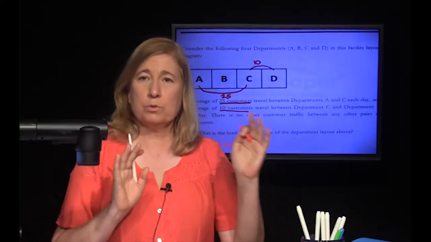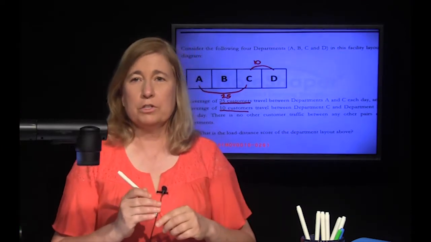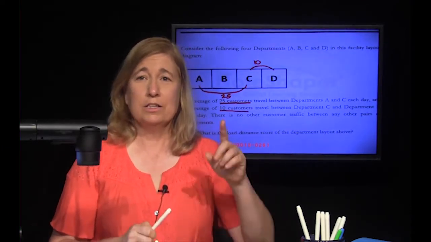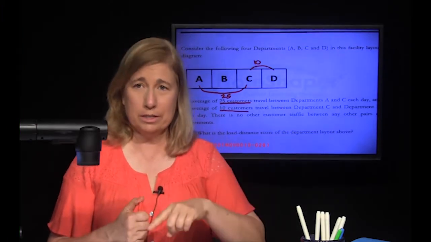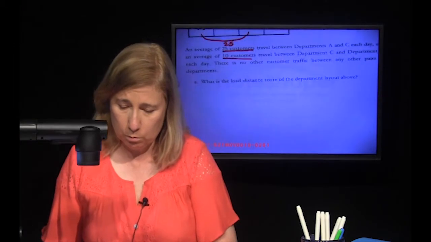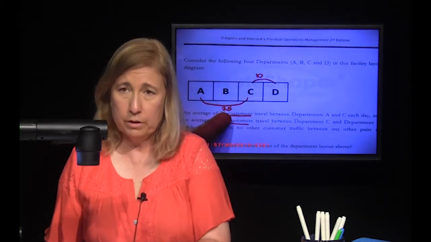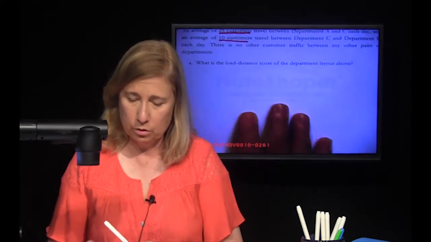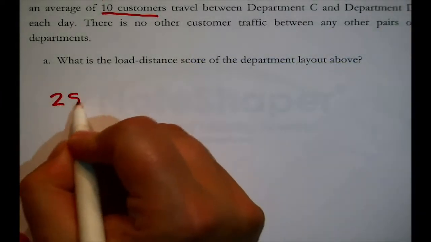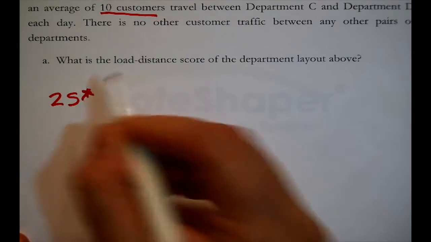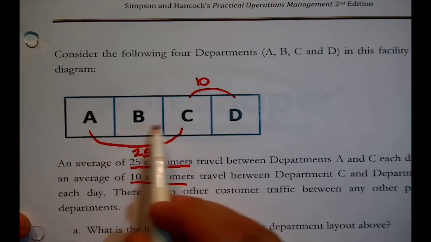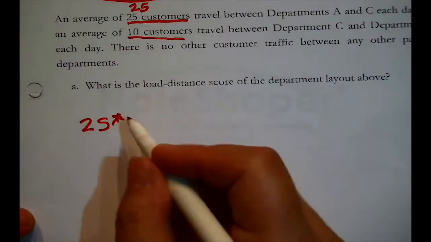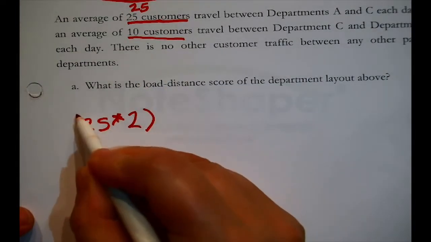Okay, first question, it says, what's the load distance score? Remember, load distance is what it says. It's the load, like the number of customers traveling, times the distance. So in this problem, there's 25 customers here. That's the load, times the distance. These customers are going 2 departments over, so that would be 25 times 2.